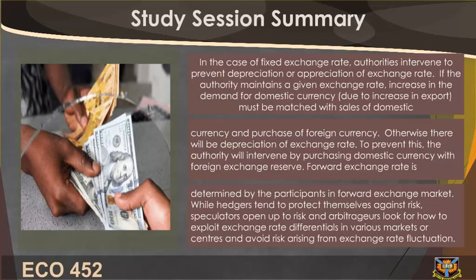In the case of fixed exchange rate, authorities intervene to prevent depreciation or appreciation of exchange rate. If the authority maintains a given exchange rate, increase in the demand for domestic currency due to increase in export must be matched with sales of domestic currency and purchase of foreign currency. Otherwise, there will be depreciation of exchange rate. To prevent this, the authority will intervene by purchasing domestic currency with foreign exchange reserve.